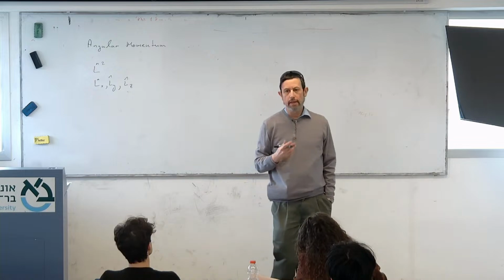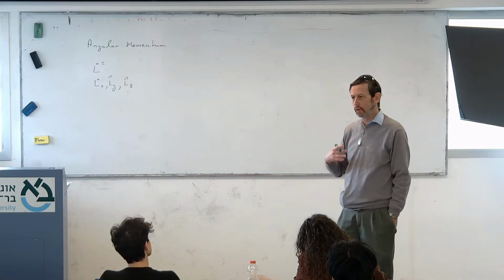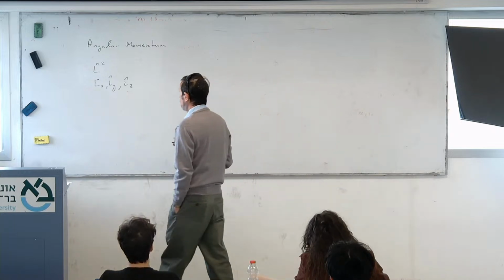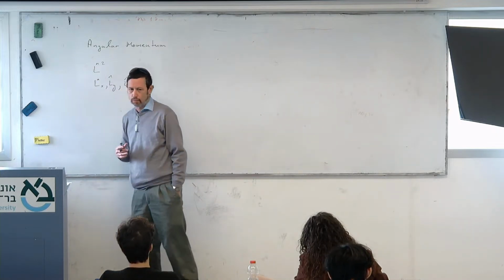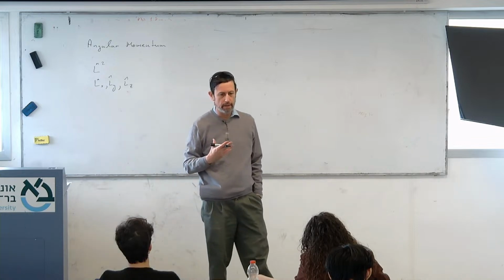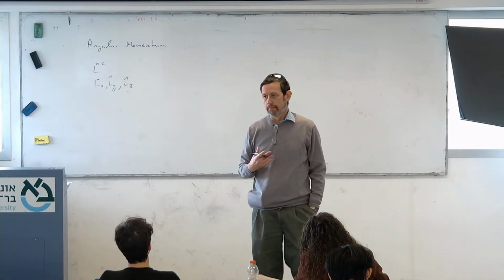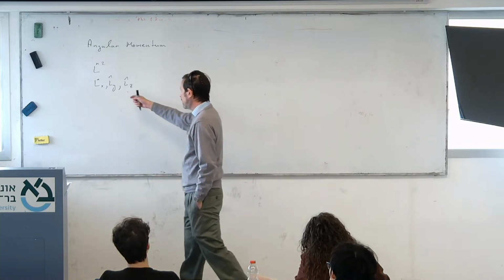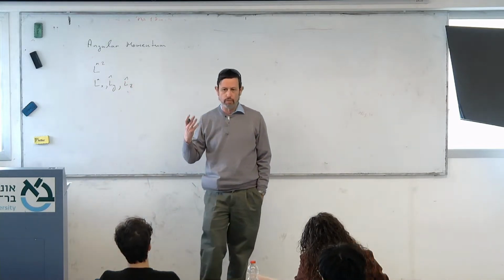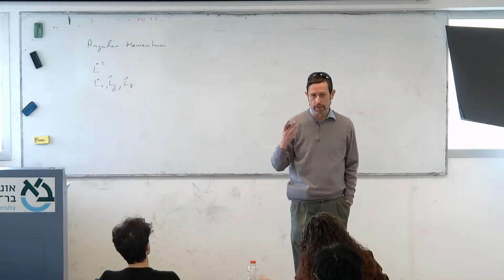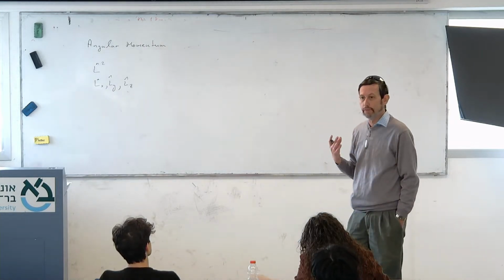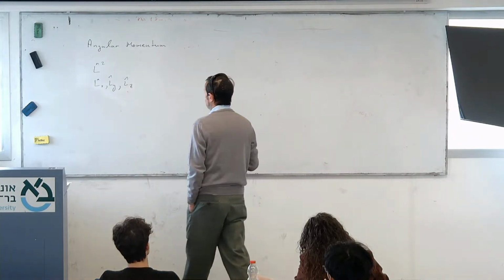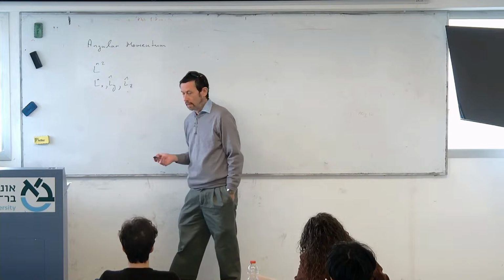We have seen that Lx or Ly or Lz commute with L square, so we can always build a basis where the eigenvectors belong both to L square and to one of these L's. Traditionally, we say Lz, just because it's written in a more convenient way in spherical coordinates.